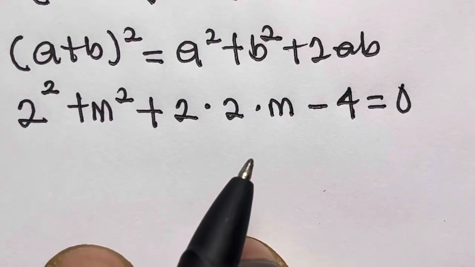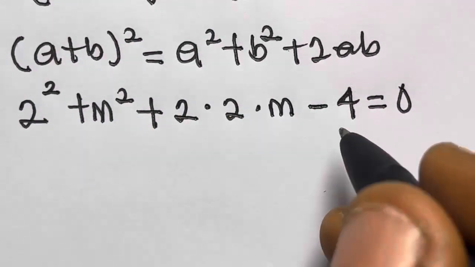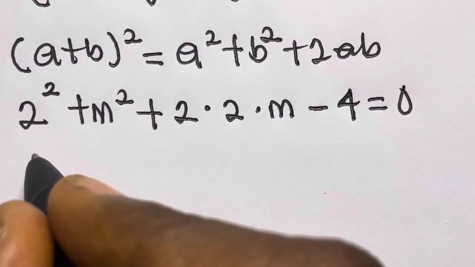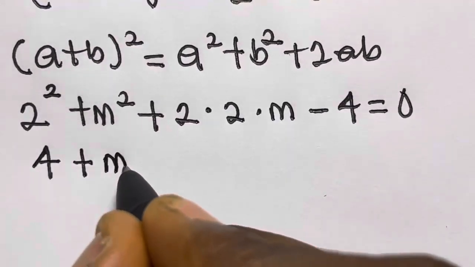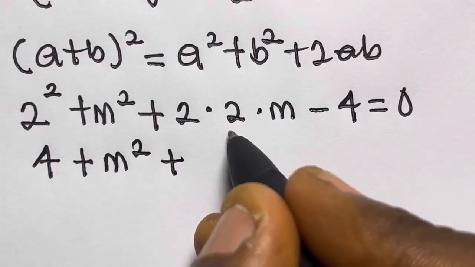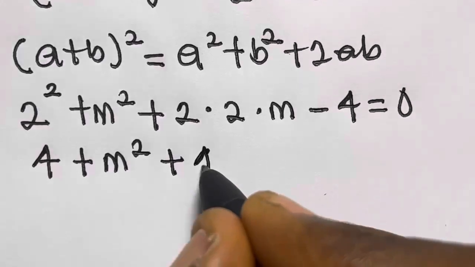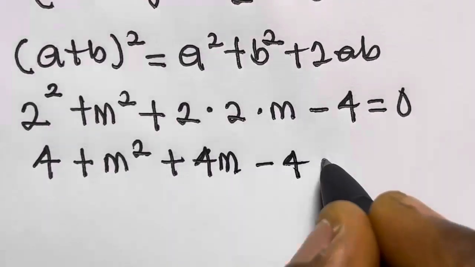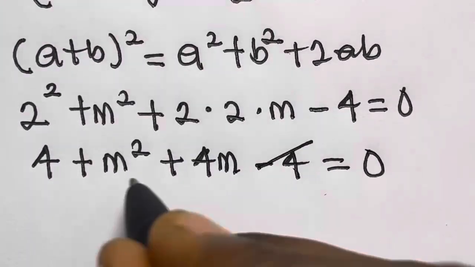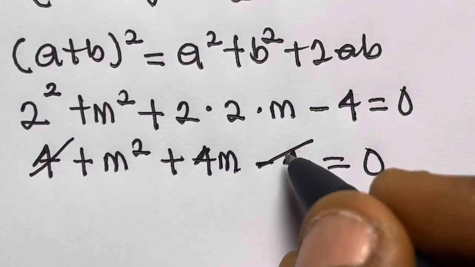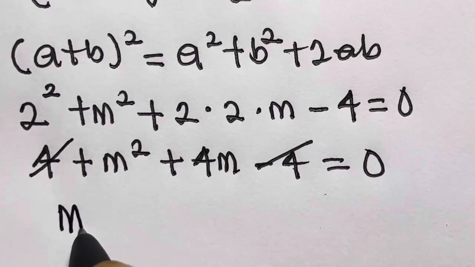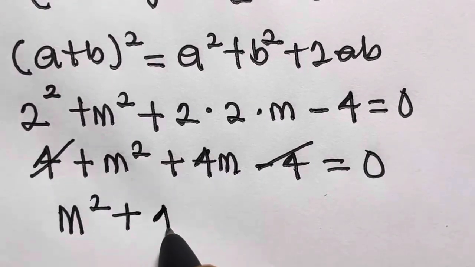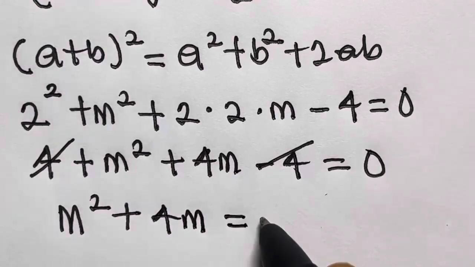Moving further, we will have 4 here plus m squared plus 4m minus 4 equals 0. You notice that plus 4 will cancel minus 4, so we are left with m squared plus 4m equals 0.